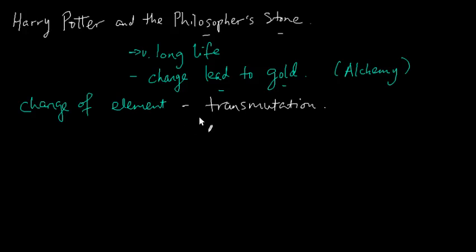When you change an element from one element to another is what I'm going to talk about today in this video. In this video, I'm going to talk about the very first transmutation, this change of element, that has been achieved by people.